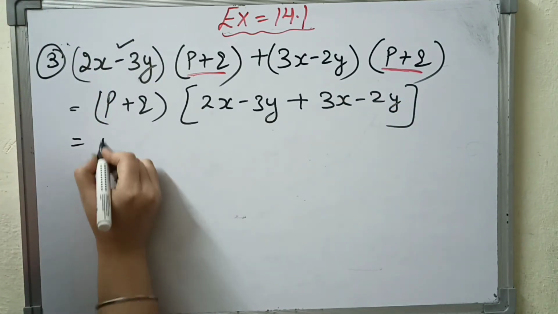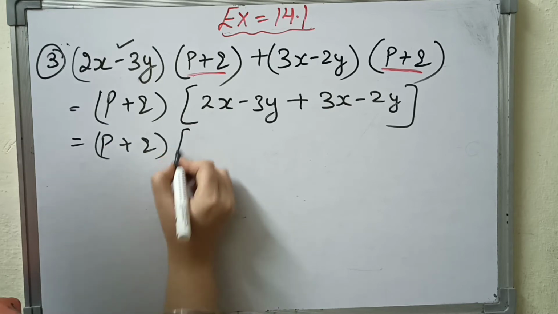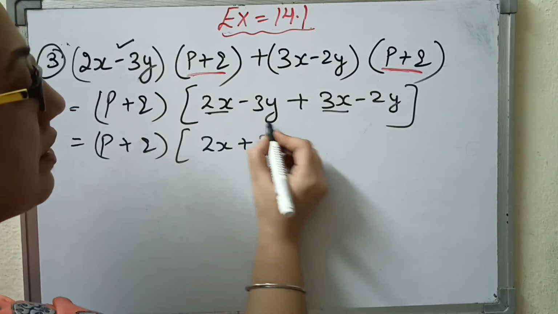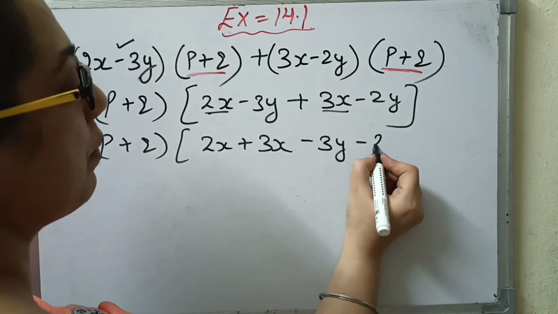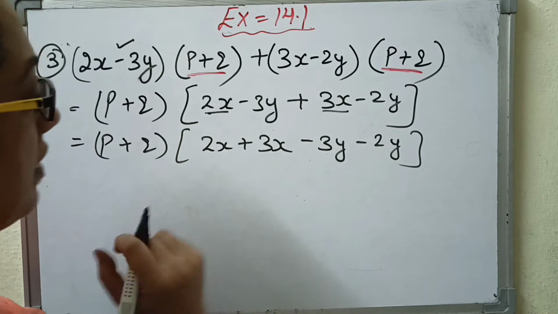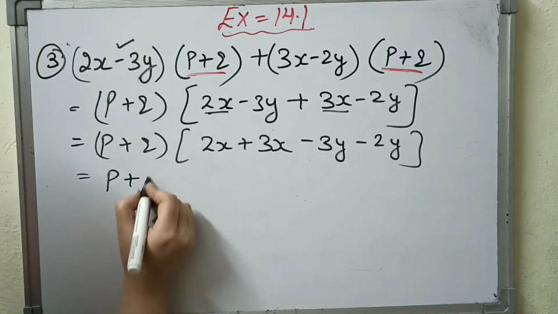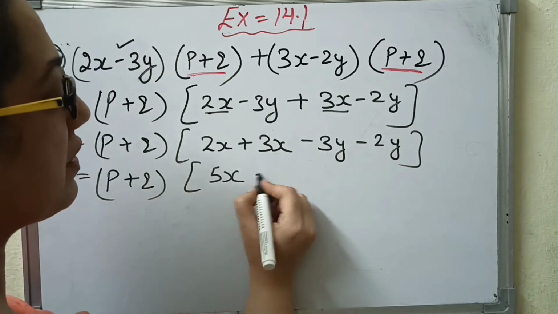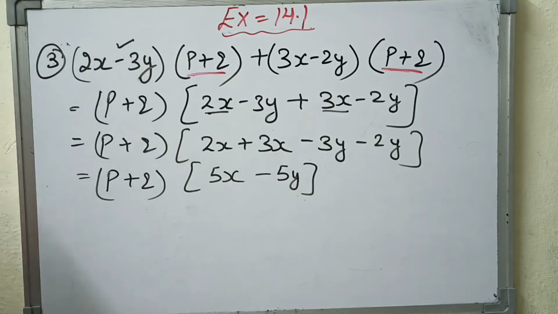Now collect the like terms, that is 2x and 3x, 2x plus 3x minus 3y minus 2y. Collect the x terms and the y terms. P plus q, 2x plus 3x is 5x, and minus 3y minus 2y is minus 5y.